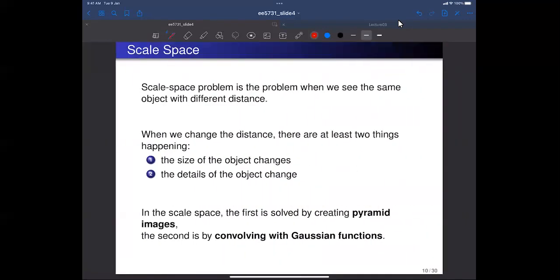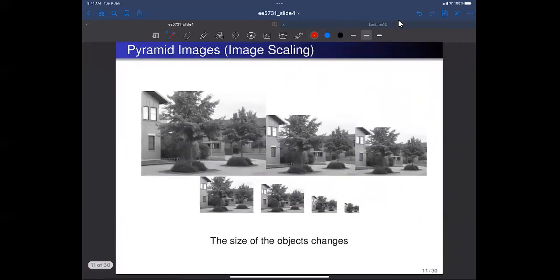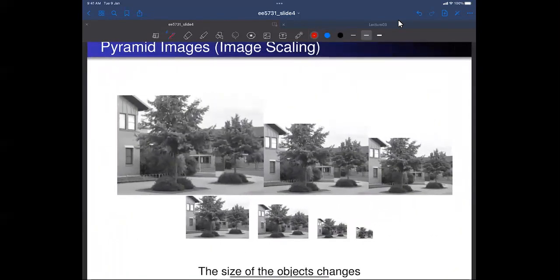Now there is a problem here in the scale space situation. This is called scale space. Imagine this is your first image, and this is, for example, your second image in the extreme case.